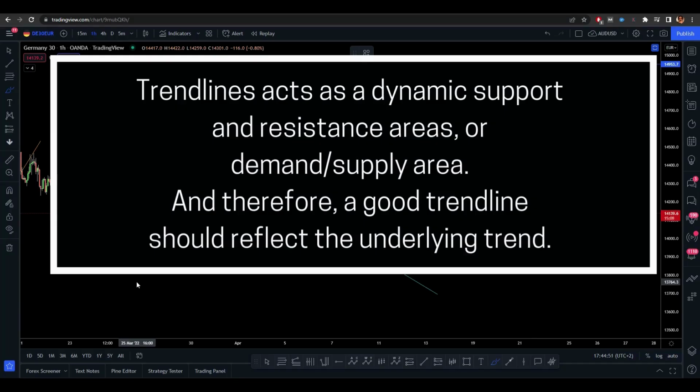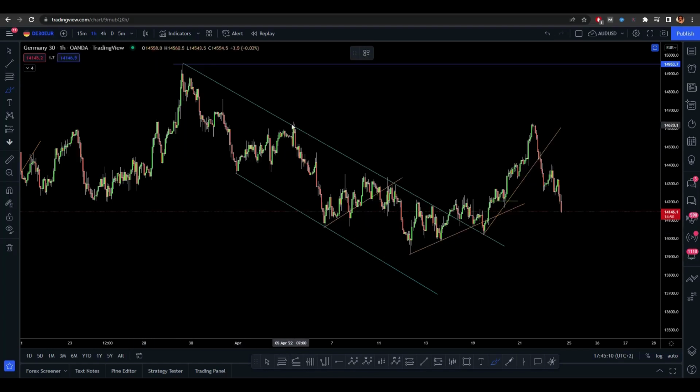Let's take a look at the second reason for using trend lines. Trend lines act as dynamic support and resistance areas, as well as demand and supply areas, and therefore a good trend line should reflect the underlying trend. Take a look here. Price bounced off this area, bounced off this area, bounced off this area, then broke out and started bouncing here.